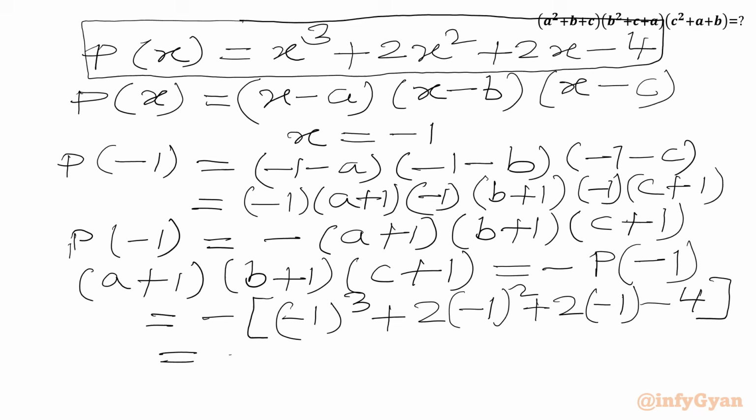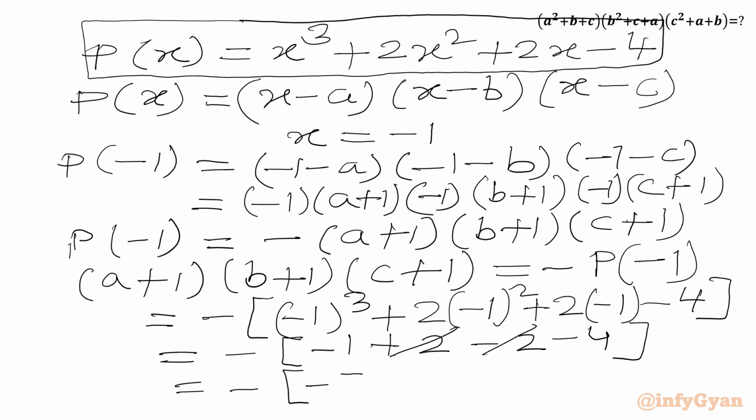This will be equal to minus of, minus 1 cube is minus 1, 2 times minus 1 square is plus 2, then we have minus 2 minus 4. Now plus 2 and minus 2 will cancel. We will get minus 1 minus 4 in the bracket, which is minus 5. So the value will be equal to 5.